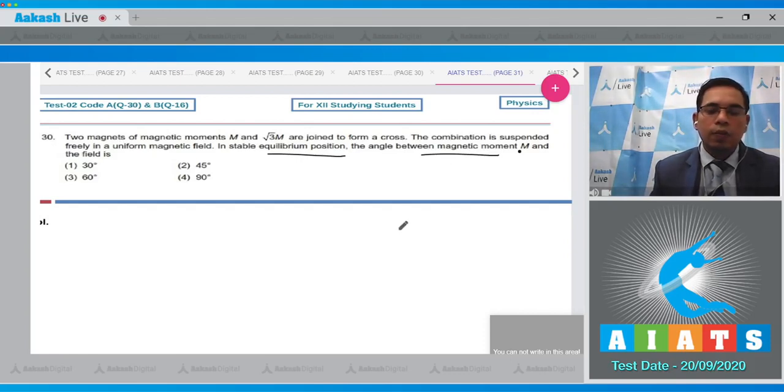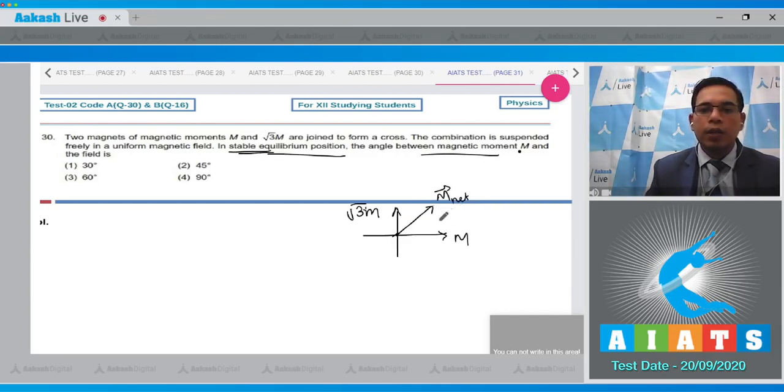Now dear student, we know that here let this be m vector and this root 3 m vector. Their resultant will be in this direction. This will be the m net vector. If this is at stable equilibrium, that means B will be along this direction.